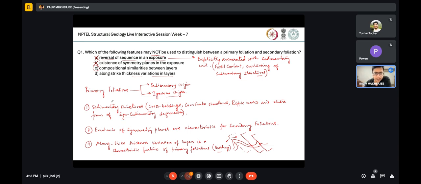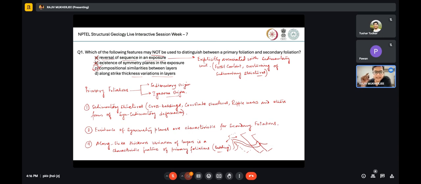Only if compositional contrast is available, then from the field exposure we can identify okay, this is a primary layer, and if it's not, then it is a secondary layer, if axial planar cleavage and other things are also available. So option C is correct in this sense that looking for compositional similarities will not be helpful for distinguishing between a primary foliation and secondary foliation.